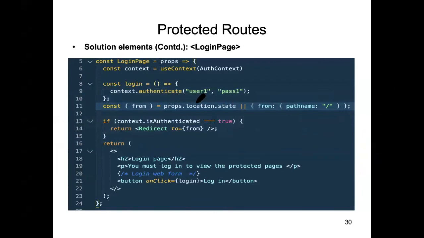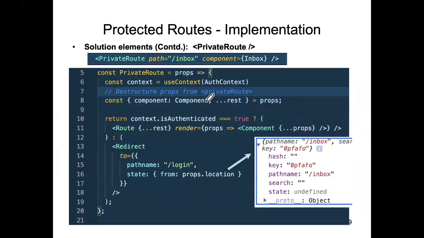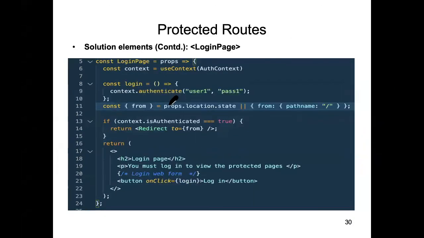And of course, props.location.state, that actually is what I was initializing here. So the question is, when would props.location.state evaluate to false? Well, it would evaluate to false if the user landed on the login page as a result of clicking the login button at the top of the screen.